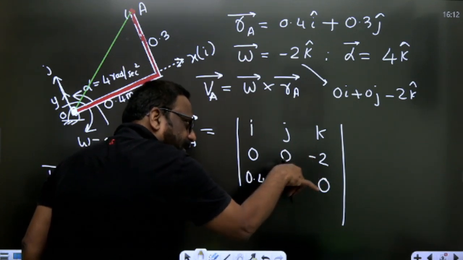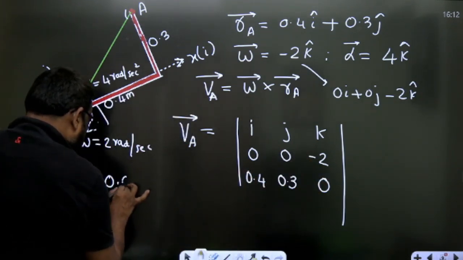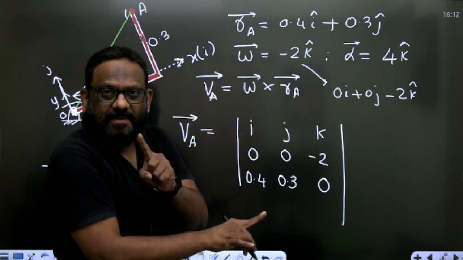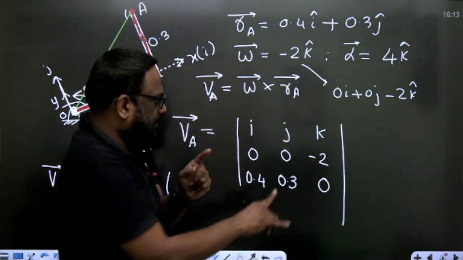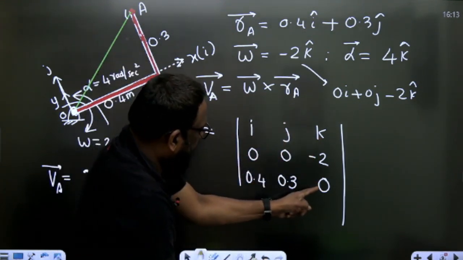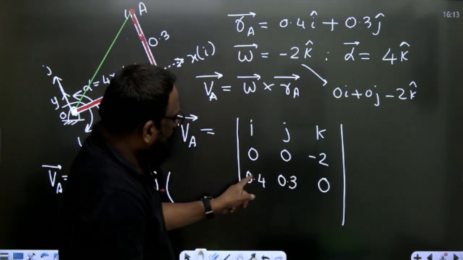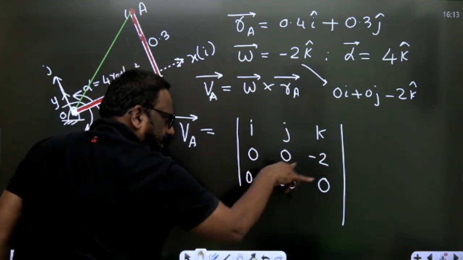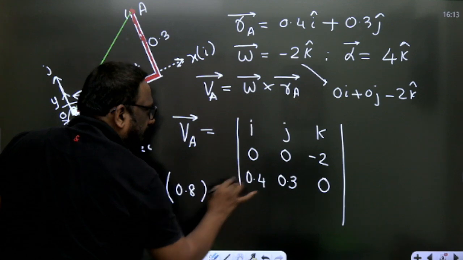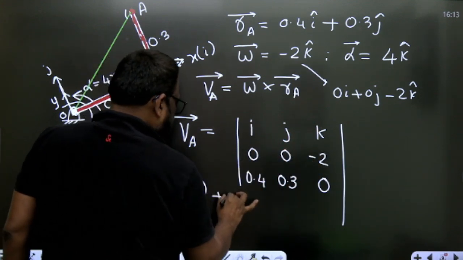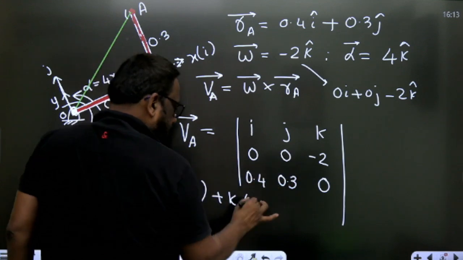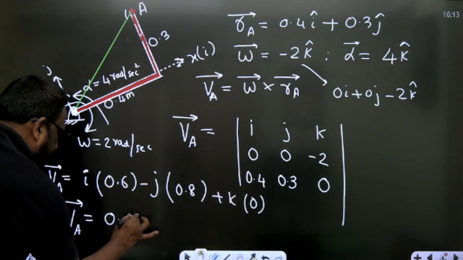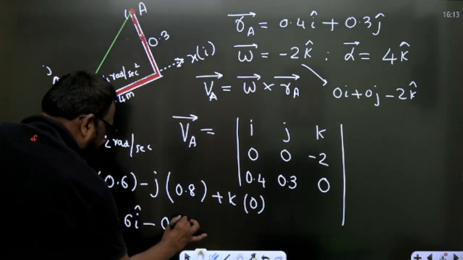But already there is minus, minus of minus is plus, means this into this is 0.6. Then minus j, you know vector multiplication, minus j. I explained in matrices the adjoint, to take minus m plus n, all this I had explained. So this becomes 0. Minus of minus is again plus, 0.4 into 2 is 0.8. So minus j, 0, minus of minus is plus, it is 0.8. And k, sir? 0 0 plus k into 0 0. So you will get the velocity of point A as 0.6 i cap minus 0.8 j cap.